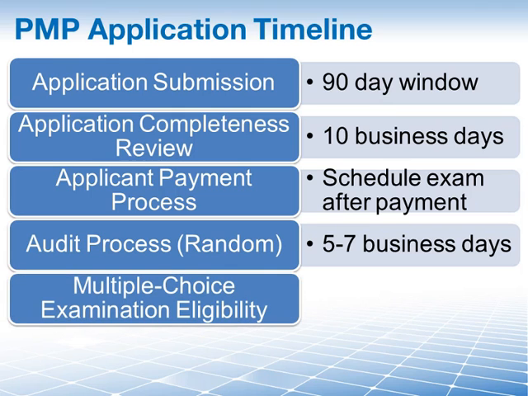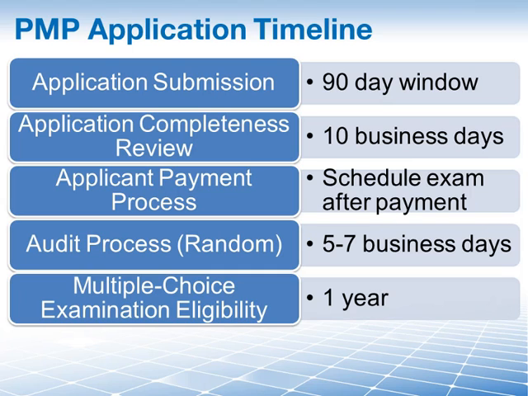After that, you are going to take the multiple choice exam, and you have to take that within 1 year after your application was approved and payment was accepted by PMI. And within this 1 year, you have 3 tries, so you can pass the PMP exam on the first, second, or third attempt during that 1 year.